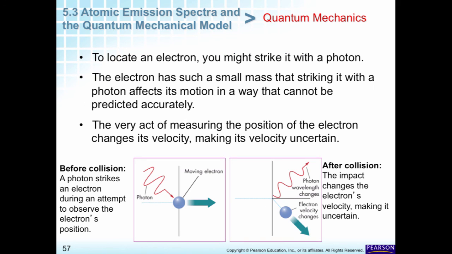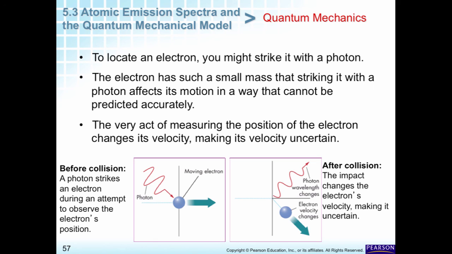Okay, so what happens is, if you want to locate an electron, you would throw a photon at it. Okay, it strikes the electron to observe the electron's position. Well, it might know where the electron was, but what the photon does is it then moves that electron away from that position.